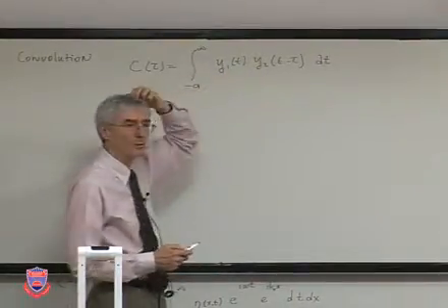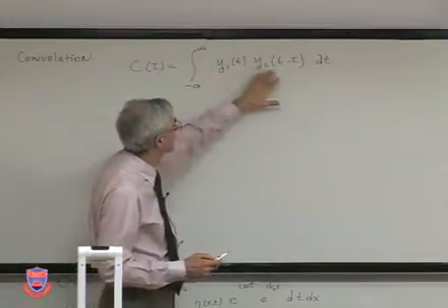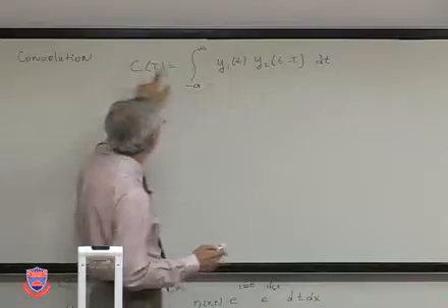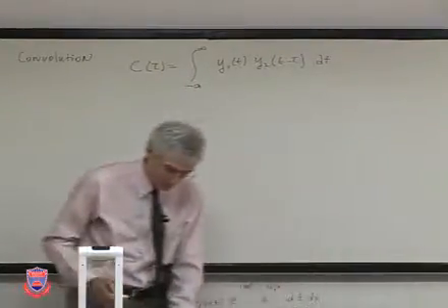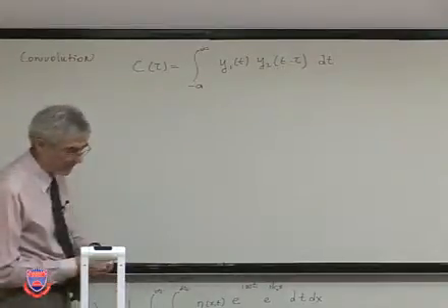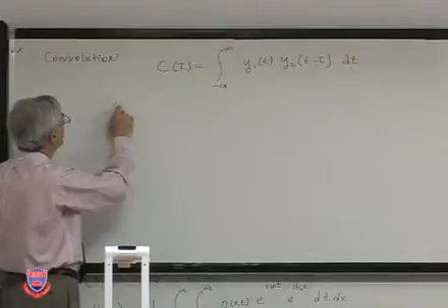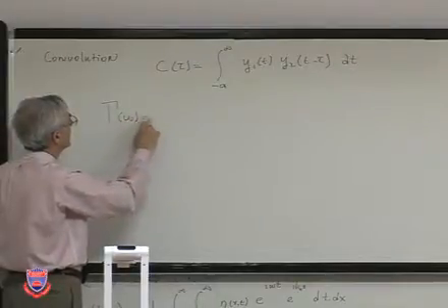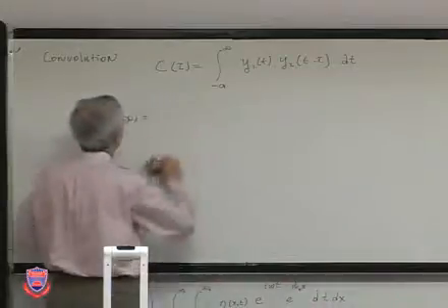Now, convolution obviously is an integral with respect to t with a time delay tau. But when you take a Fourier transform of this, you'll see it gives you some very interesting results. So let's see if we can do a Fourier transform of convolution.